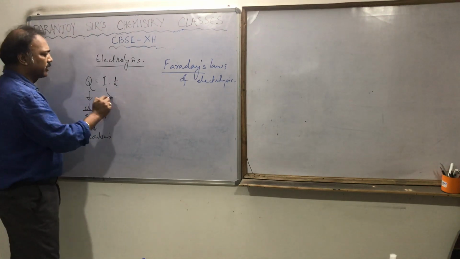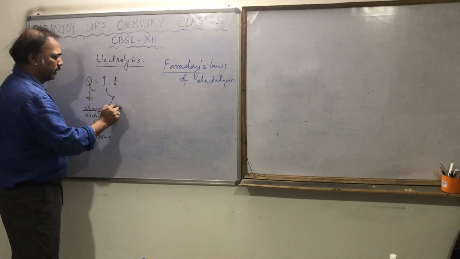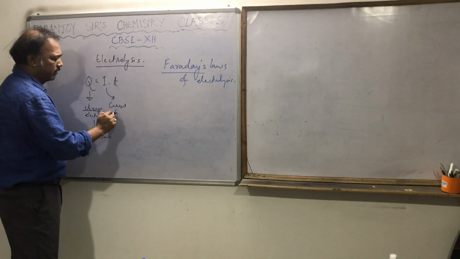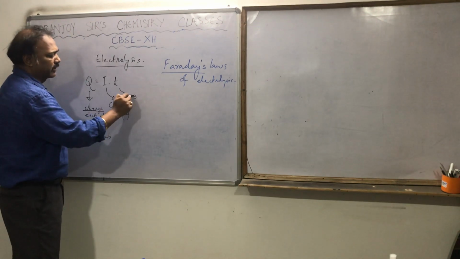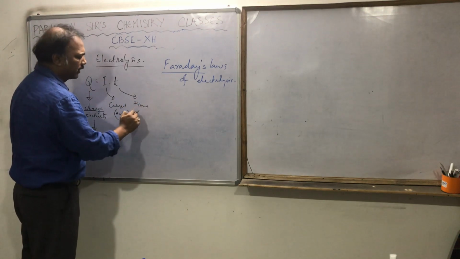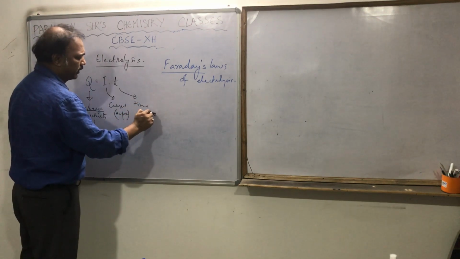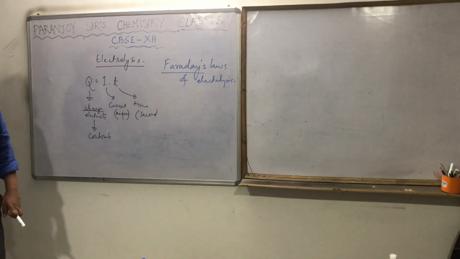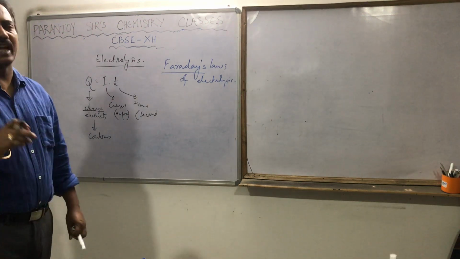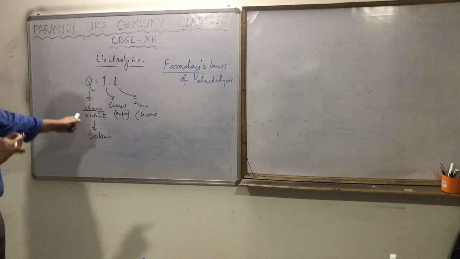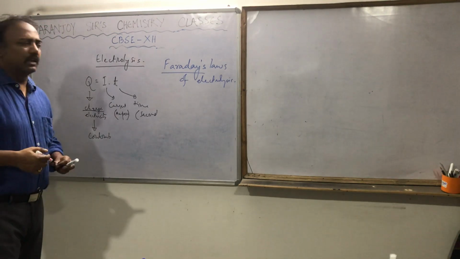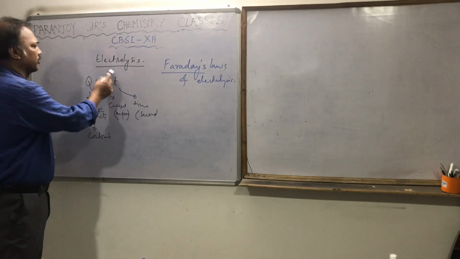Then I is current, and the unit of this is ampere, that also we know, and this is time, and the unit of this is second. So how much ampere current is passed for how many seconds, that determines how much electricity or how much charge is passed. Okay. That is the first thing we must know.